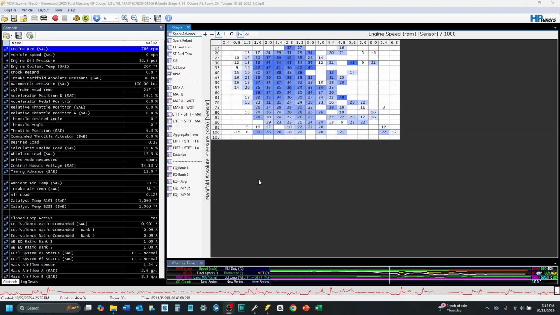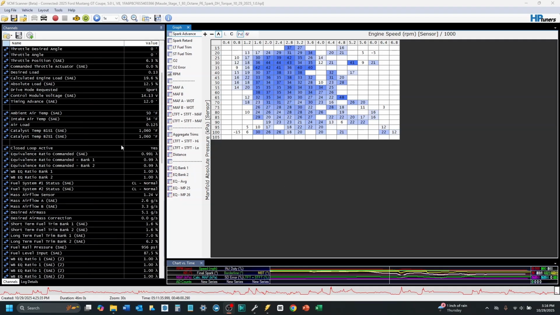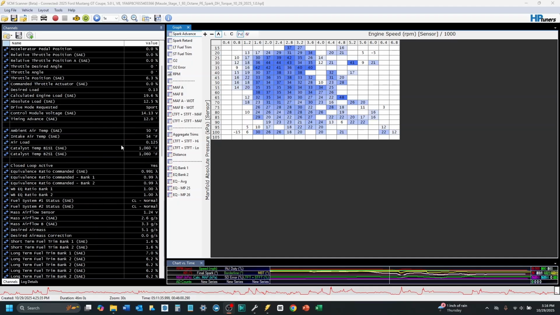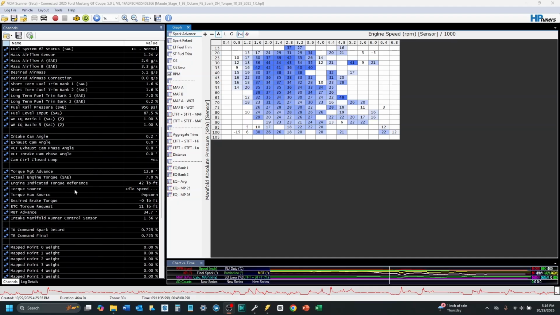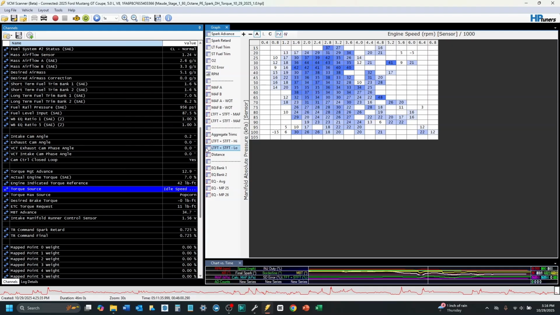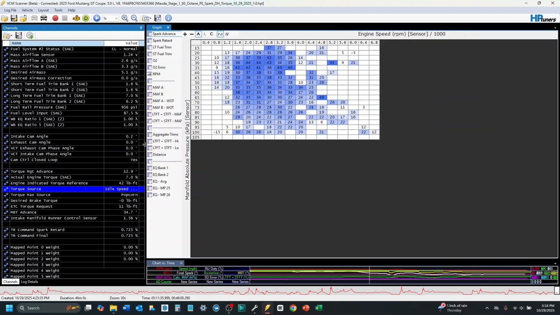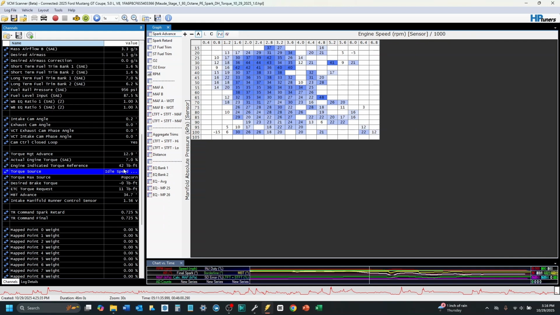So first of all, down the left here, I can see torque source. That's good. We're going to be looking at that a lot. The popcorn torque max source. Love that.